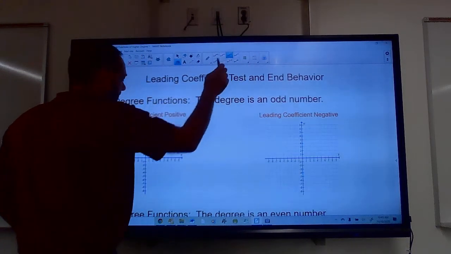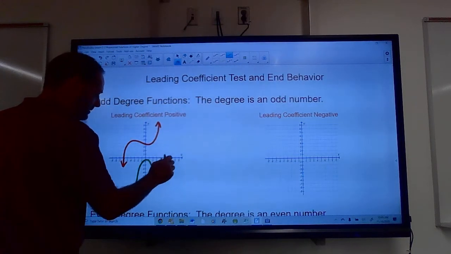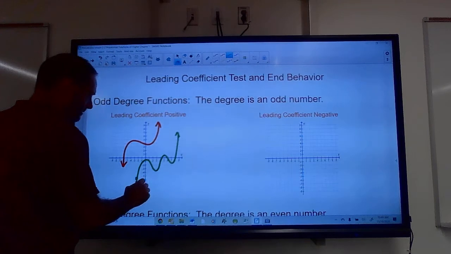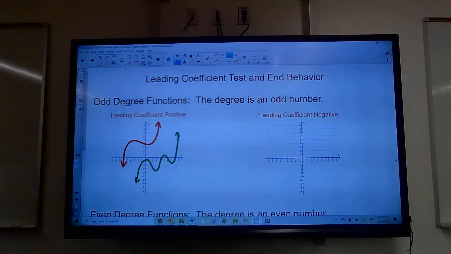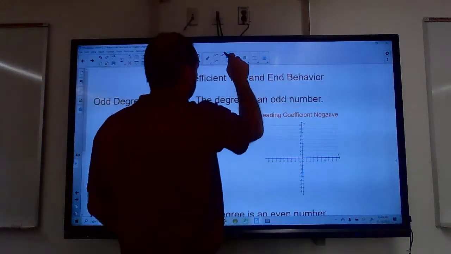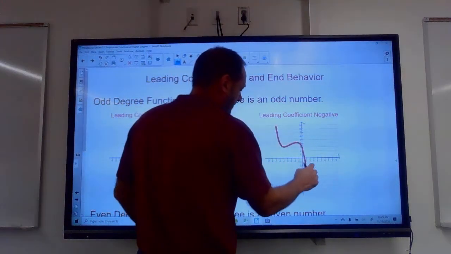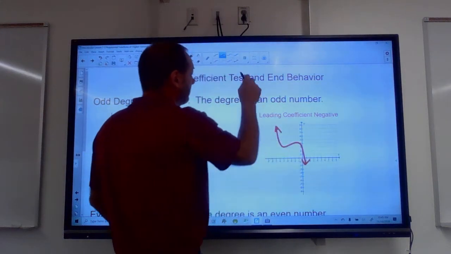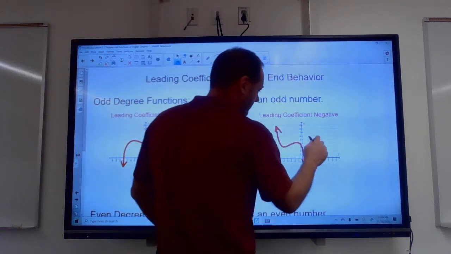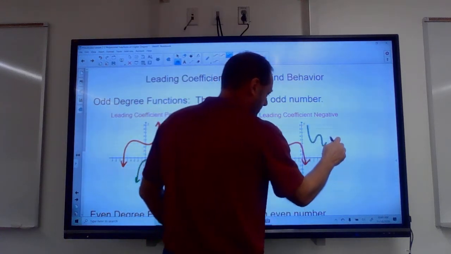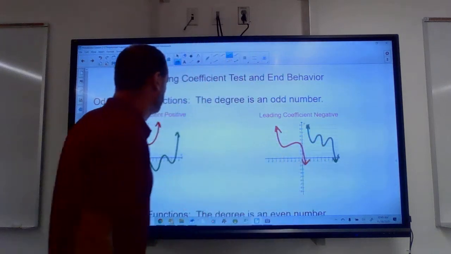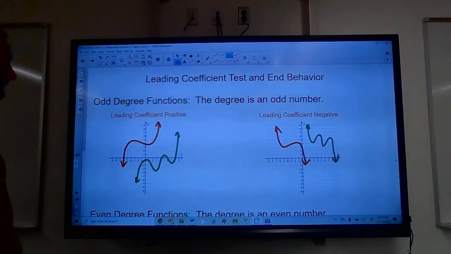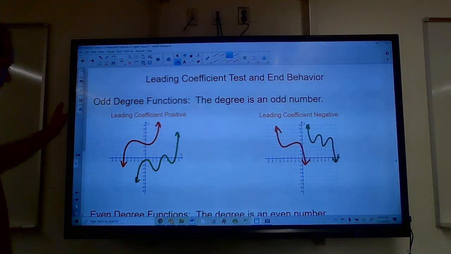It could look something like this. If the leading coefficient is negative, it'll look like this, or it could possibly look like this.